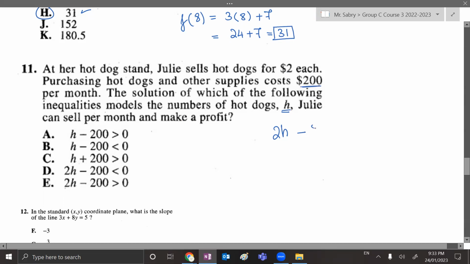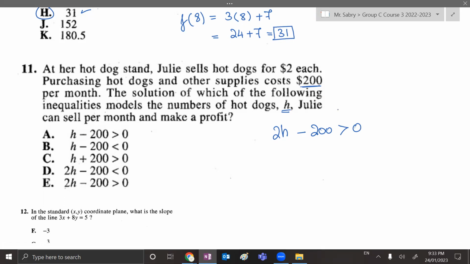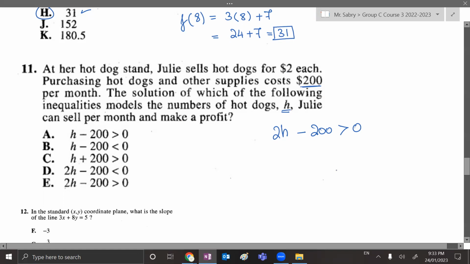So the 2h is minus 200. I need this to be more than zero because otherwise أنا بخسر. If it's positive أنا بكسب. لو البروفيت أصغر من زيرو أنا بخسر. So which of the following is the correct one? It's definitely E.